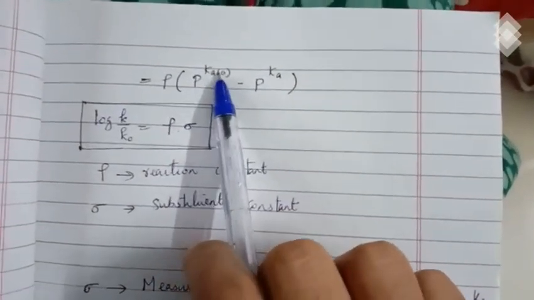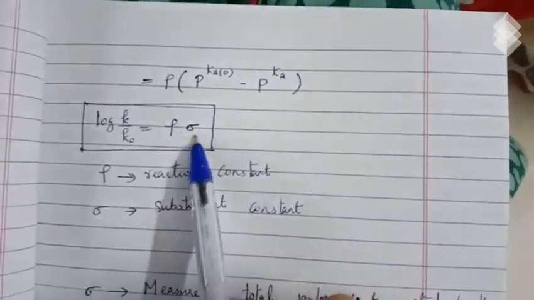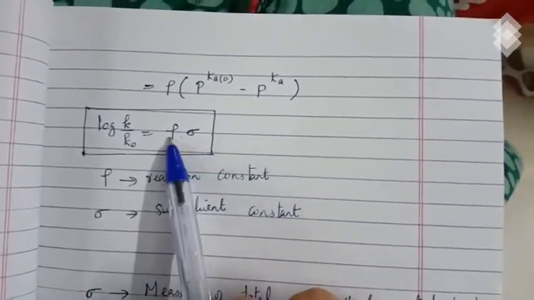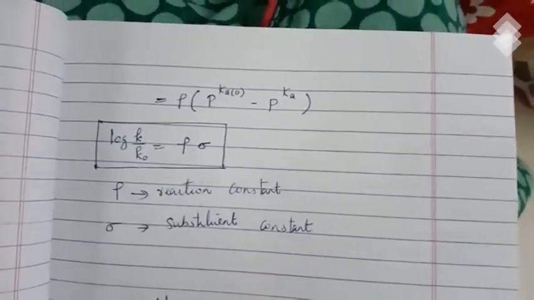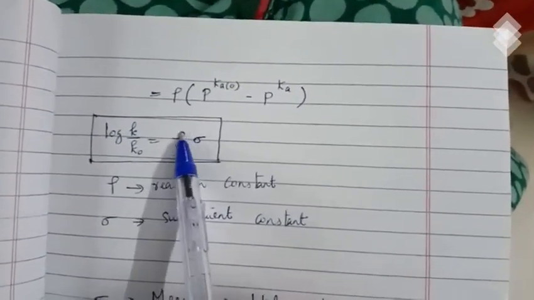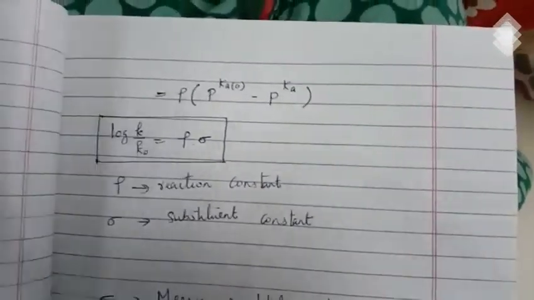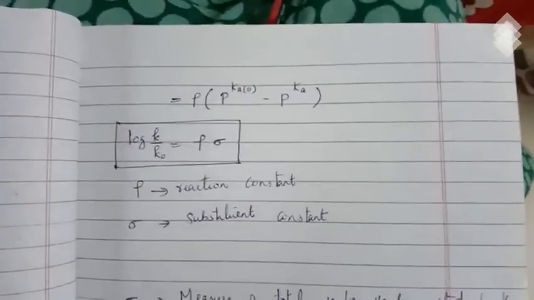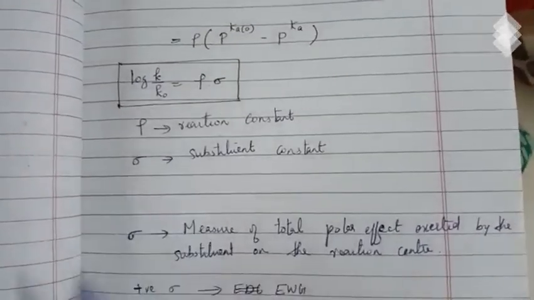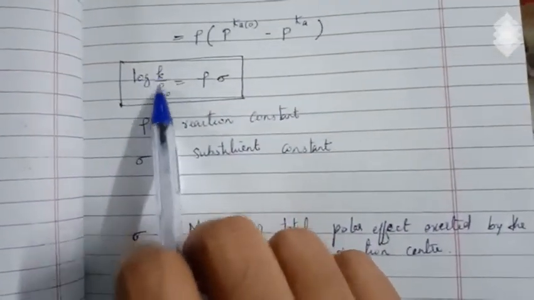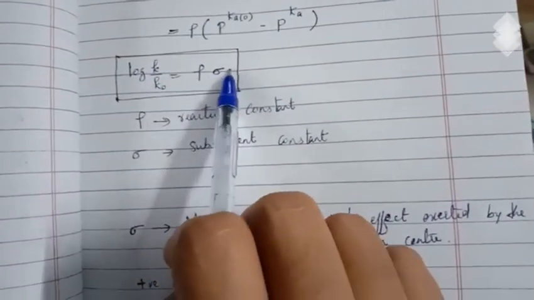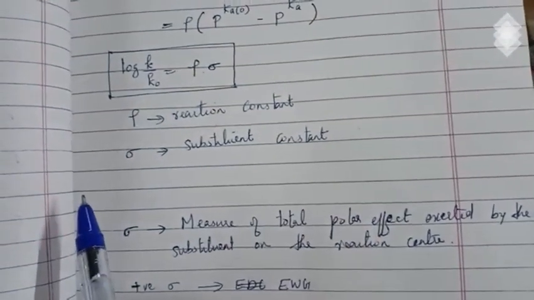And log K by K0, that is pKa0 minus pKa, is written as sigma. Here rho is termed the reaction constant and sigma is termed the substituent constant. This is the Hammett equation: log K by K0 is equal to rho sigma.